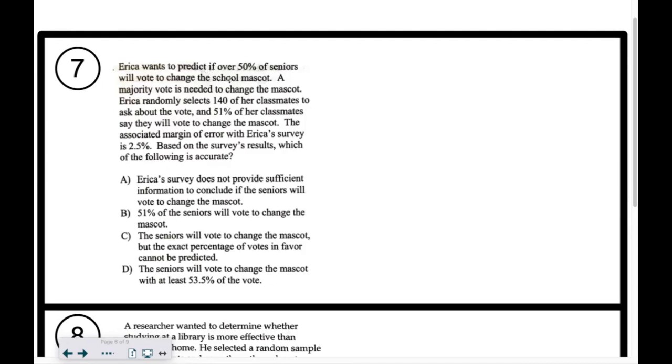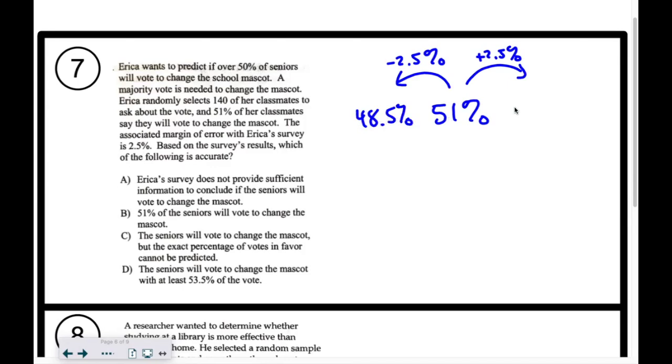She's trying to predict if over 50%, but she gets 51% in her sample, right? But that's a 2.5% margin of error. So that means we could be 2.5% more than that or 2.5% less than that. So that means it's between 48.5% and 53.5%. That's 2.5 in each direction.